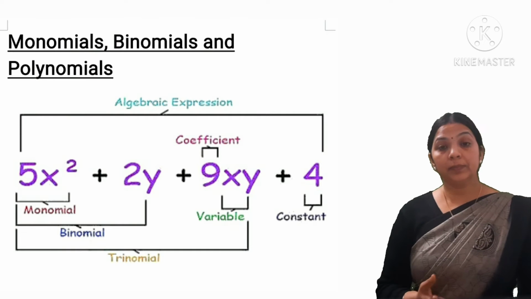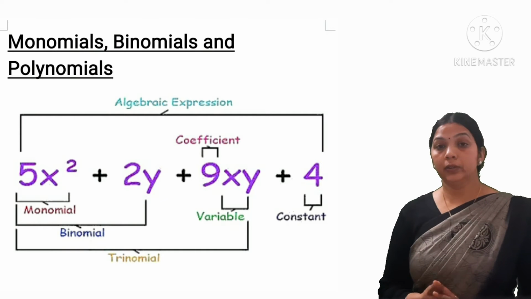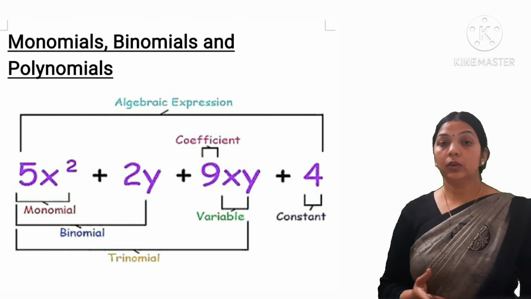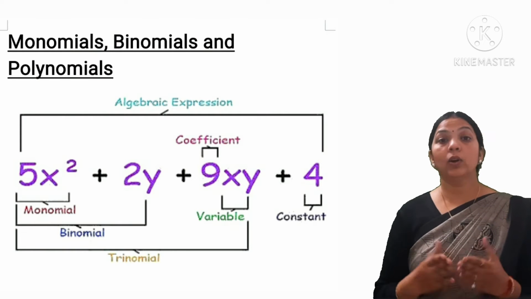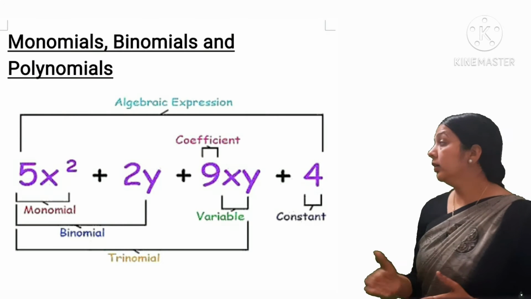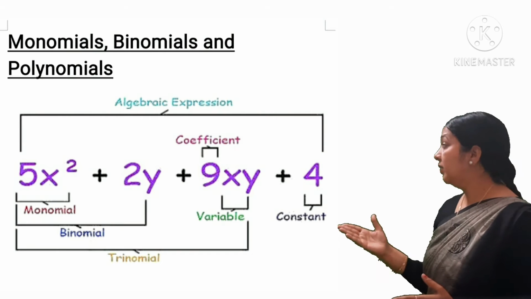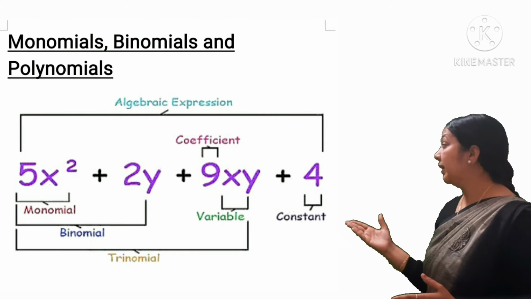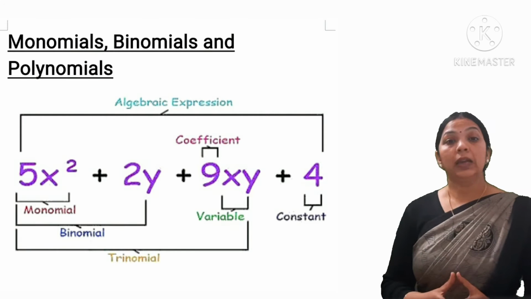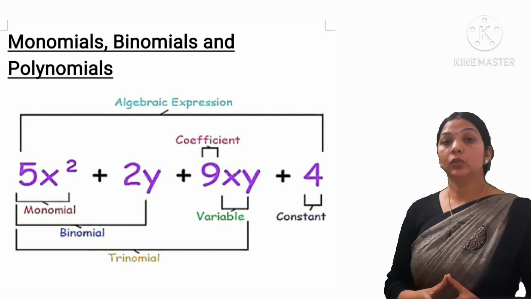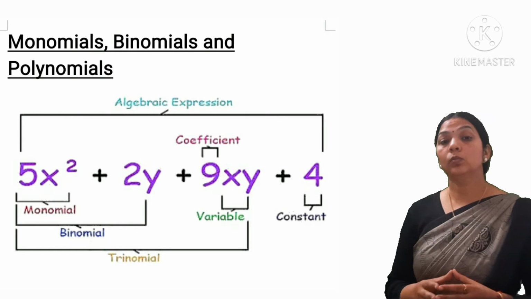Now algebraic expressions can be divided into different categories: monomials, binomials, and polynomials. What exactly do these terms mean? Here you can see an algebraic expression, that is 5x square plus 2y plus 9xy plus 4. In this expression, if only 5x square is there, this term would be named a monomial.